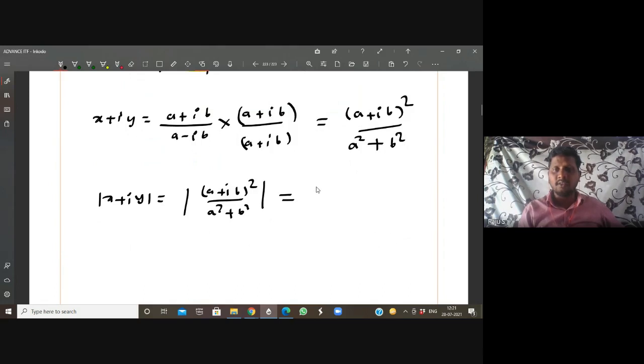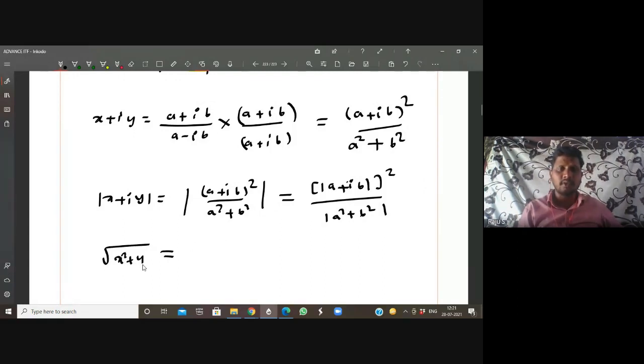When I take like this, modulus of a plus iota times of b whole square by modulus of a square plus b square. A square plus b square already is a positive value and numerical value. So this will become what? This is root over x square plus y square.